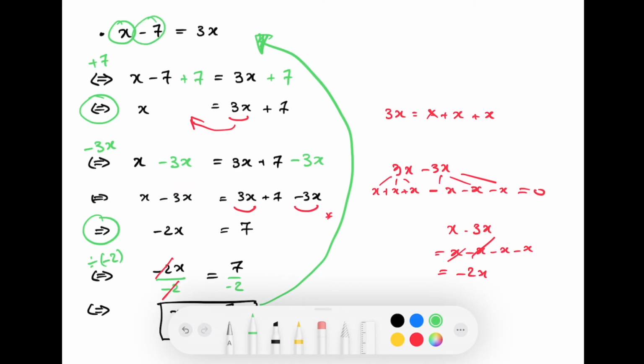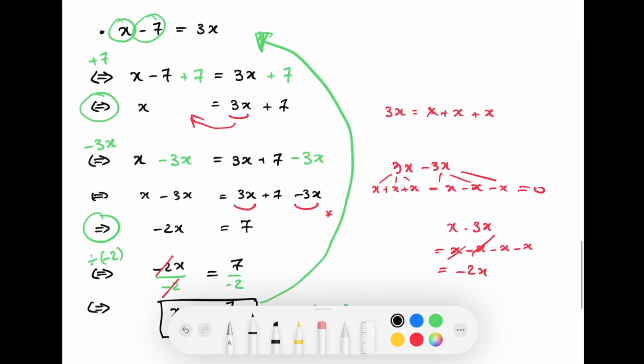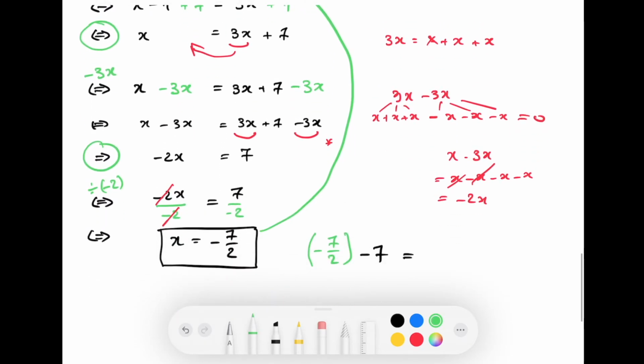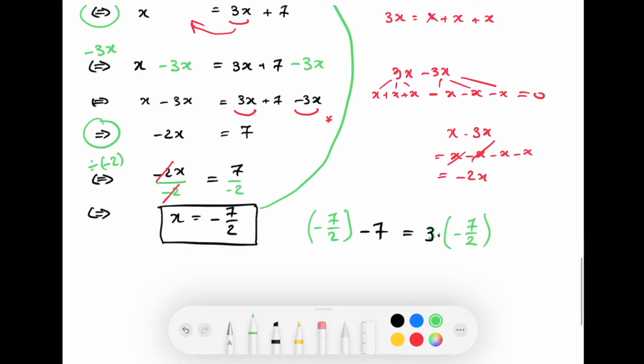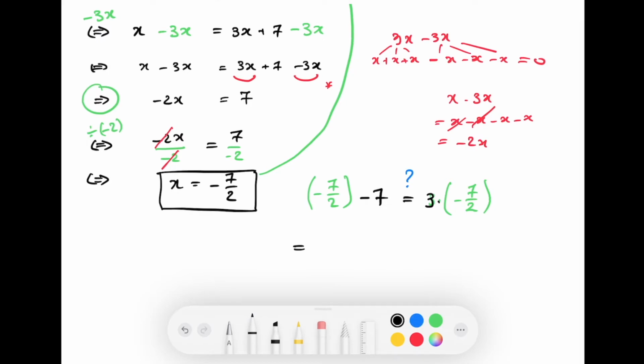Then we have minus 7, equality sign, and then the 3 times x. So that would be 3 times x, which is minus 7 over 2. And we want to know if this is indeed an equality sign. Let's see if this is indeed the case.